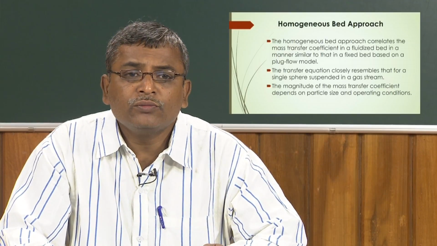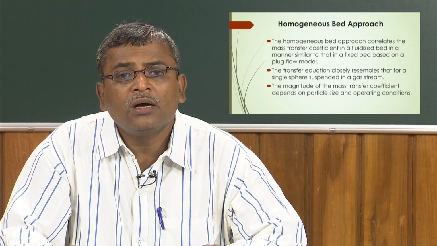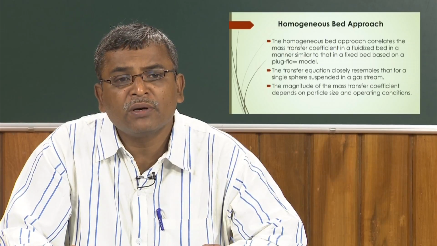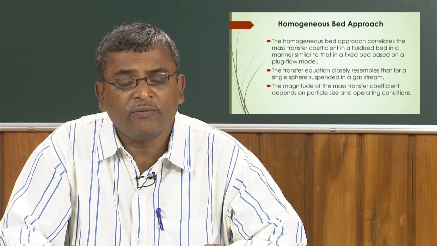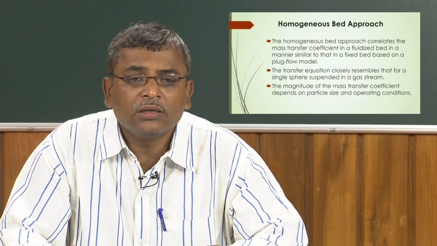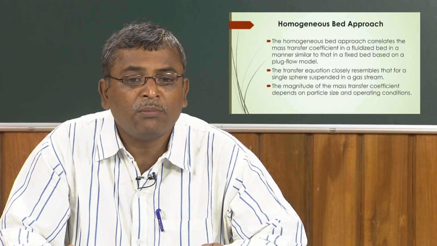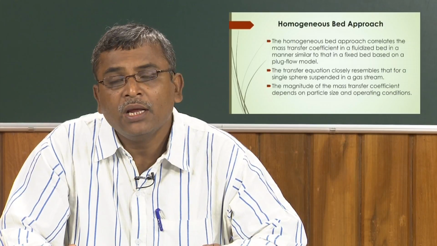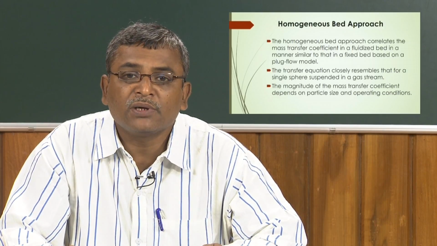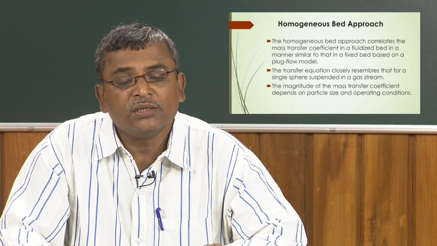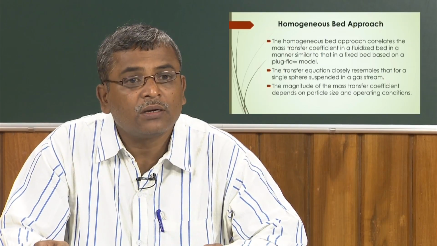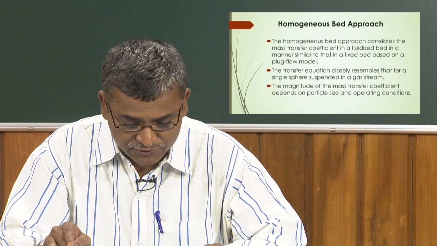Also the physical properties of the system are very important. These three sets of variables change the mass transfer coefficient inside the bed, because of which you will see different mass transfer inside the bed as per the different operating conditions.